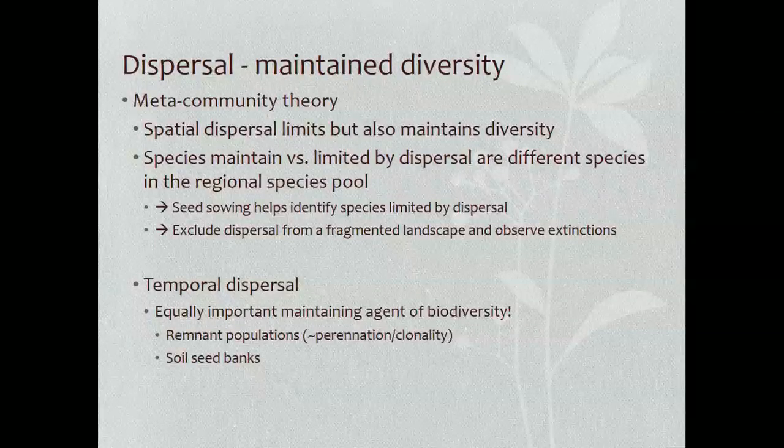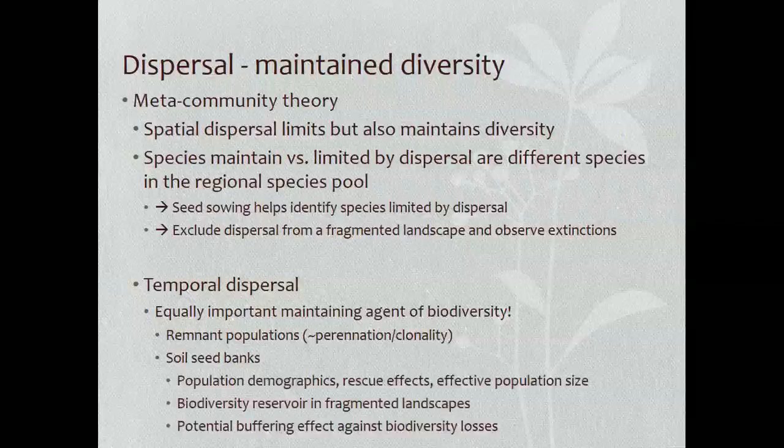Via clonality and perenniation, you have remnant populations which can cling on for some time, but you also have persistent soil seed banks, which are important for maintaining population demographics. They are biodiversity reservoirs in fragmented landscapes.